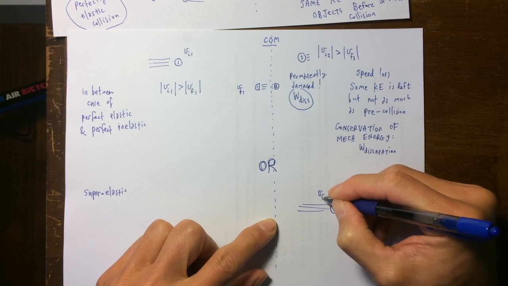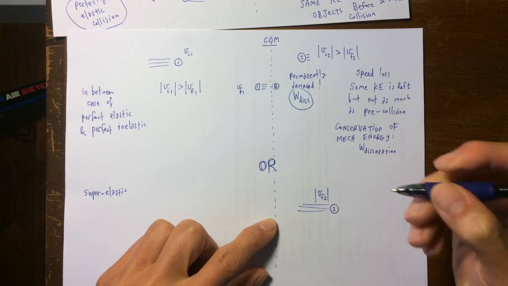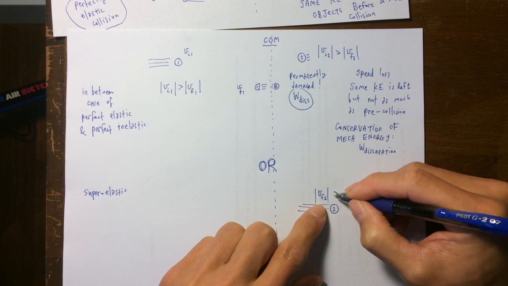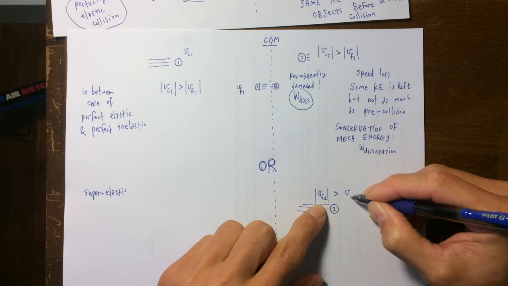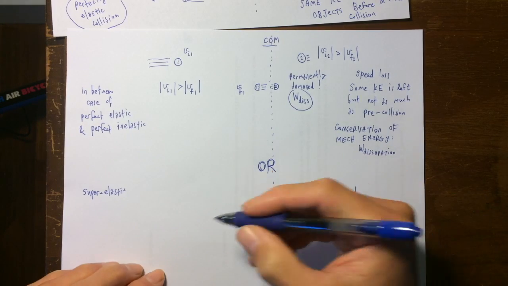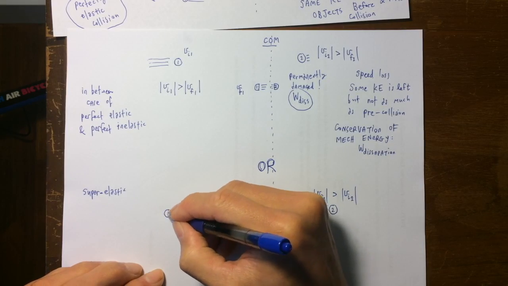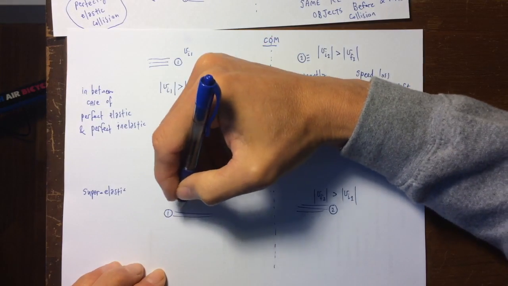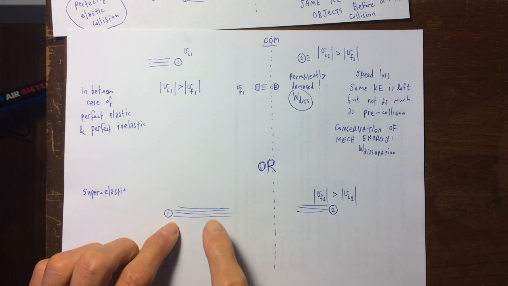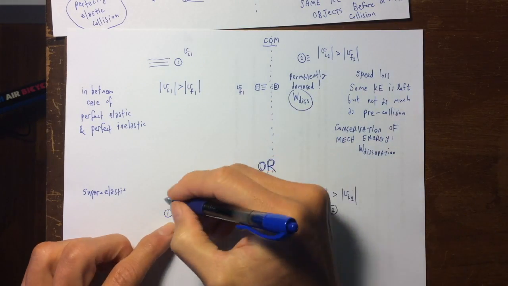Its final velocity represents more speed than its initial velocity, and number one is the same. So here goes number one, a whole bunch of speed, way faster actually than number two, because remember it was the faster object.